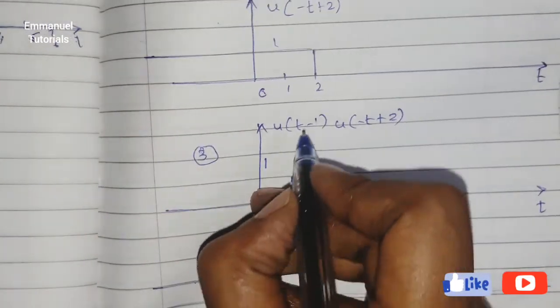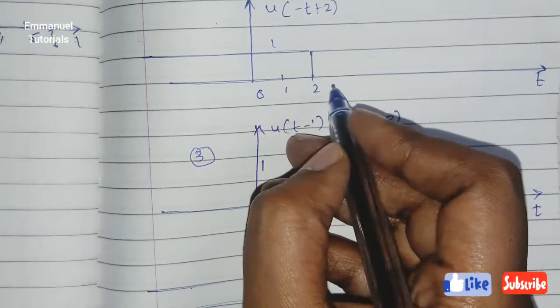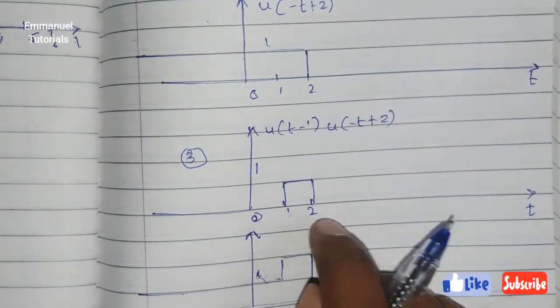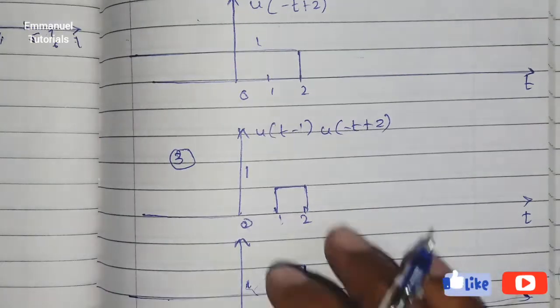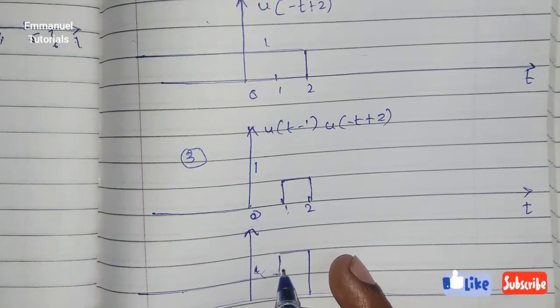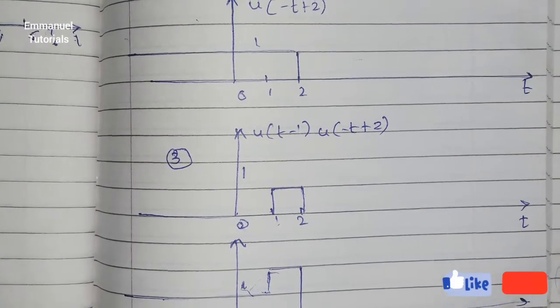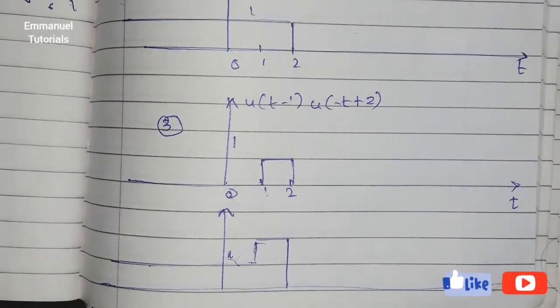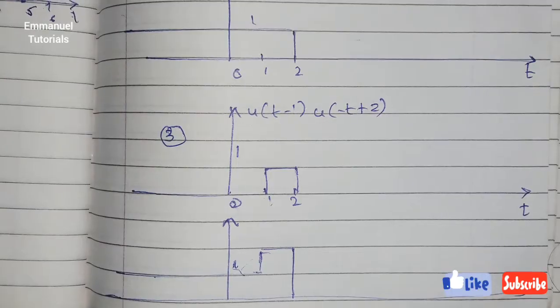And at 1, if you observe, the first signal's amplitude is 1 till 2, and the second signal's amplitude is 1 similarly from 1 to 2. So that is going to give us an addition of 1 plus 1, which is 2. So that is what we have drawn. In our resultant signal, amplitude is going to be 2 from 1 to 2. And after 2, you can see that both the signals' amplitudes are zeros.